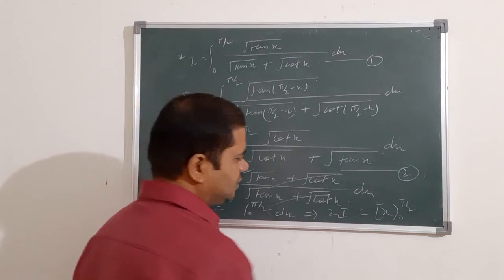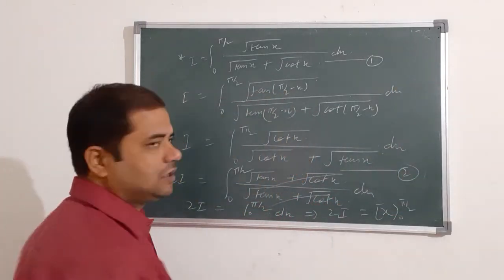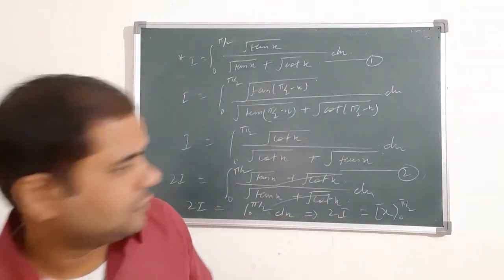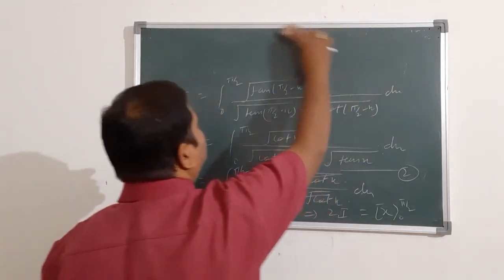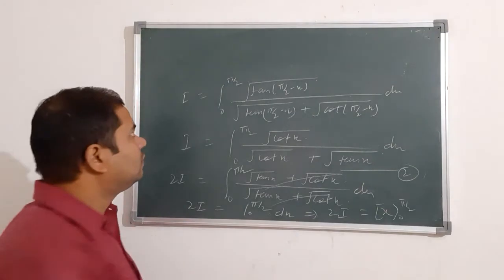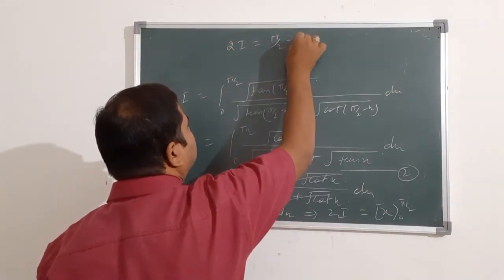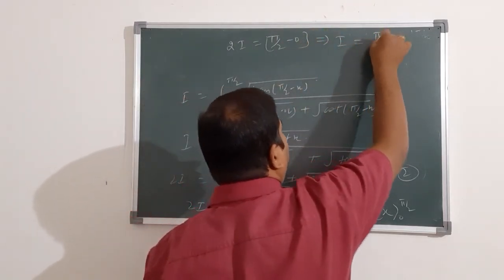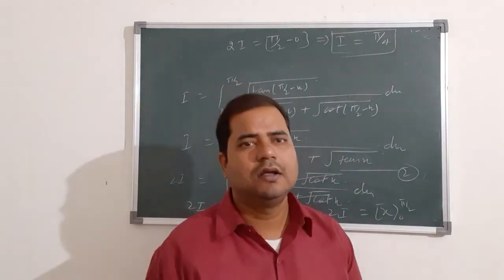So 2I is equal to pi by 2 minus 0. So I is equal to pi by 4. So this is the answer for this particular question.